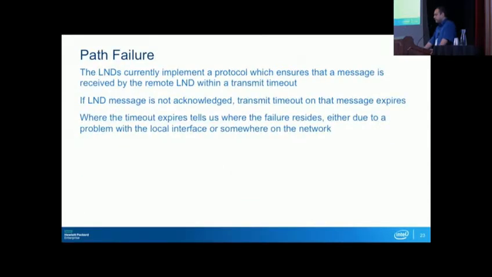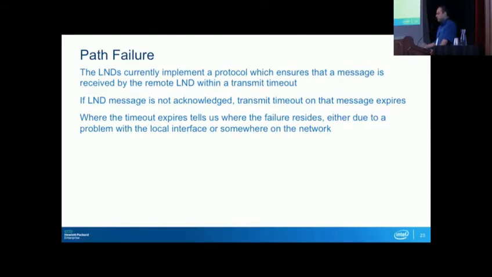The path failure is the more interesting case here. The LND implements its own protocol to ensure that messages are received by the far end LND. So when LNet says send a put message, there's a sequence of LND messages that goes across between the local LND and the remote LND, to ensure that the put message is received.